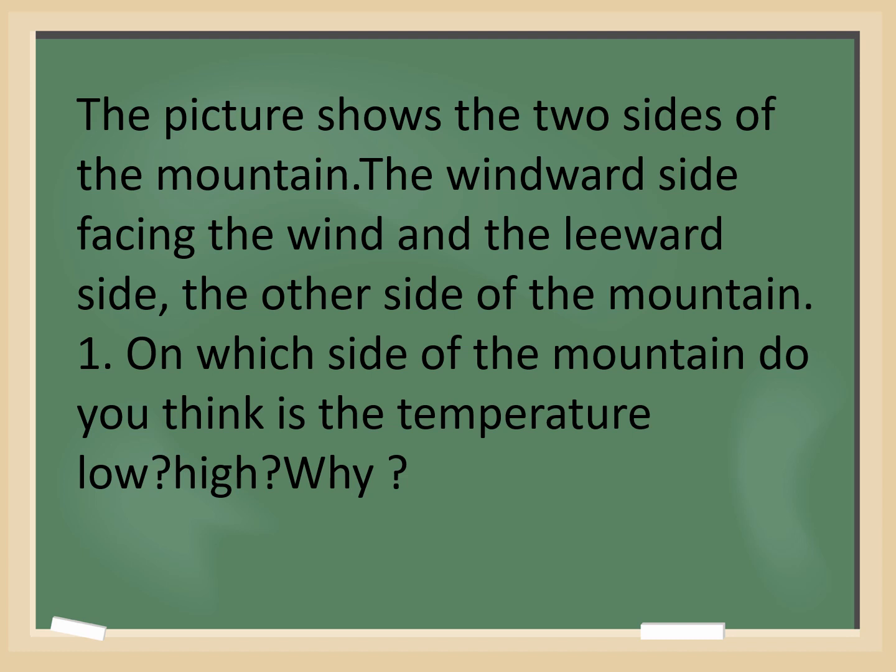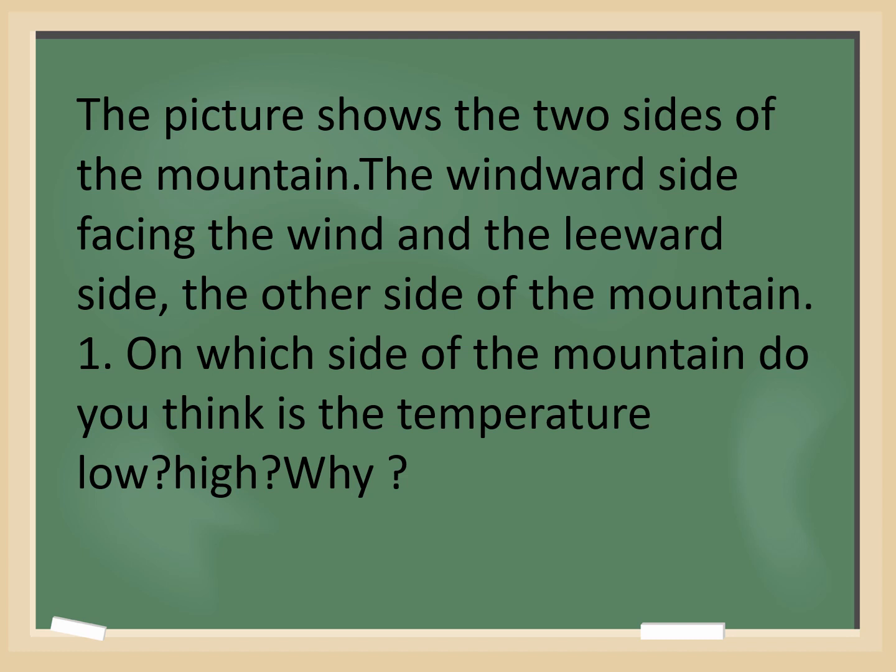Now, on which side of the mountain do you think the temperature is low? On which side is the temperature high? Why do you think so? If your answer is that the one with the low temperature is the windward side, then you are right.